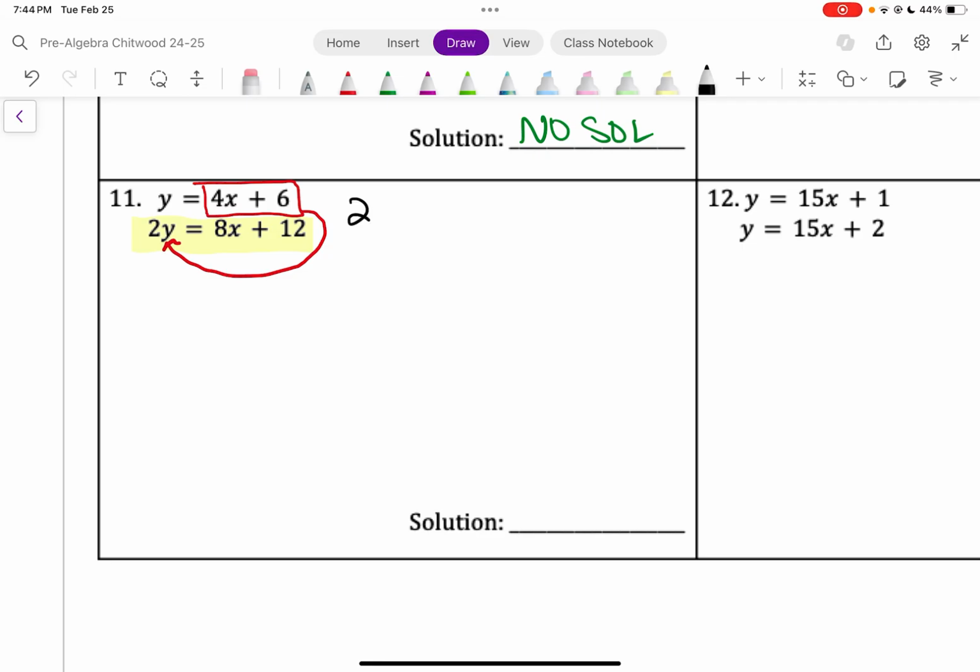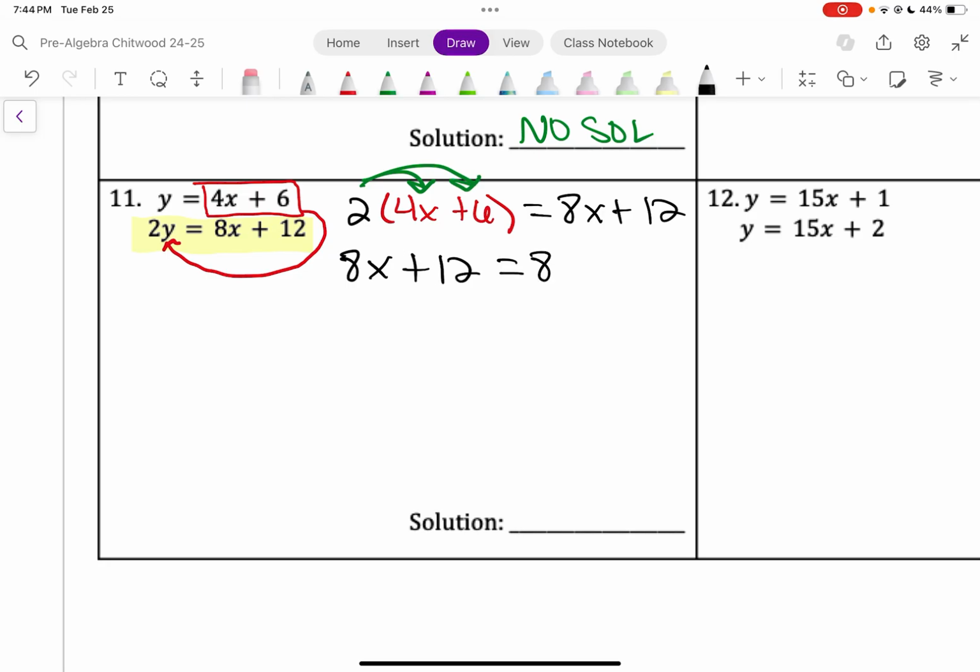I have 2 times 4x plus 6 equals 8x plus 12. We just plugged that in. Now I have to do distributive property. 2 times 4x is 8x. 2 times 6 is plus 12, then equals 8x plus 12.